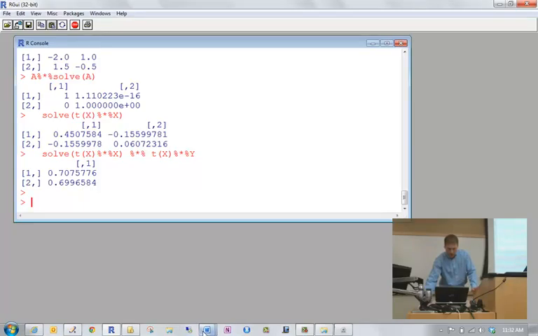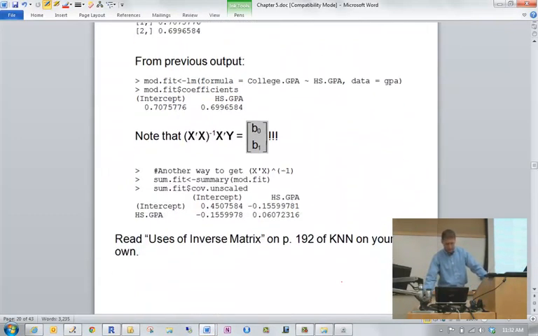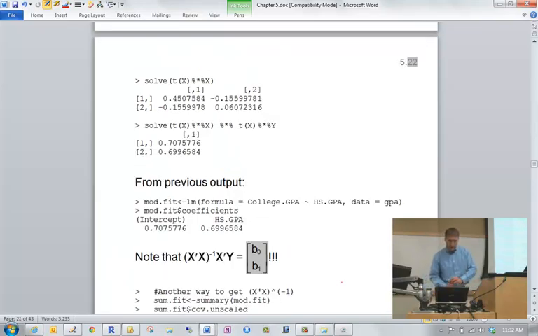Let me actually go over here to the Word. Now previously, when we used the LM function to get our sample model, and we got our B0 and B1 out, this is what we had, and look what happens.